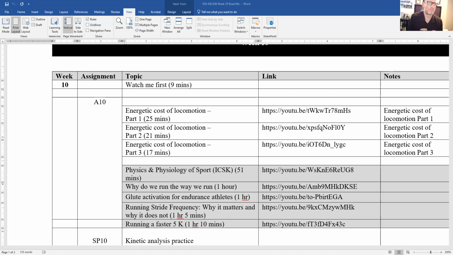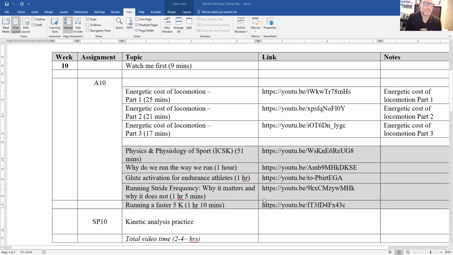So these first three presentations are sort of the nuts and bolts information for the week. The next five presentations are really application, trying to start putting our biomechanics in motion to understand running.